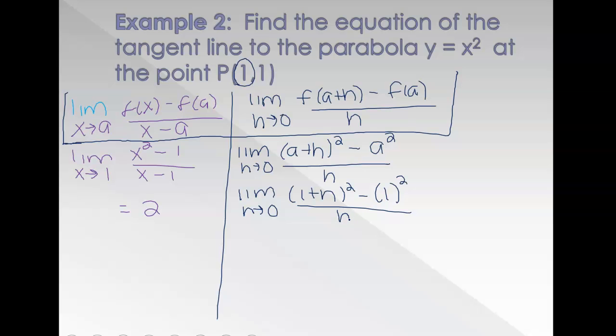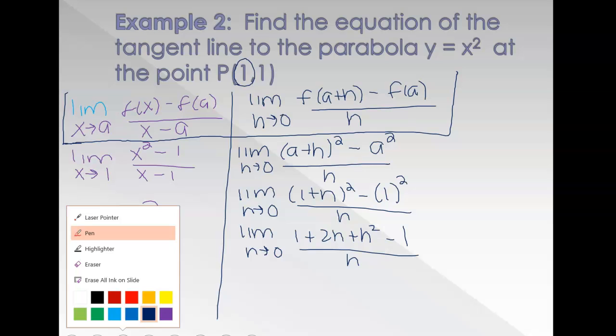In order to simplify, I have to take 1 plus h squared, and I need to FOIL. I have 1 minus 1.